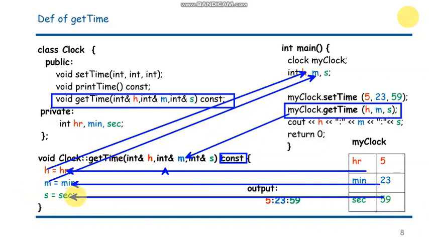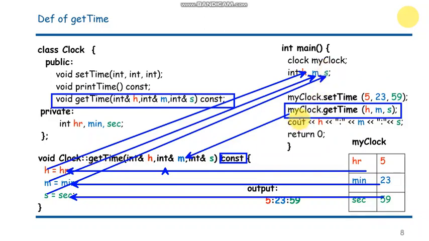It is going to copy 59 and put it into S. What that means is it is taking that value and putting it in S. If you follow the arrows, you will see that the get function retrieves the values from our object, then puts them into the main program.